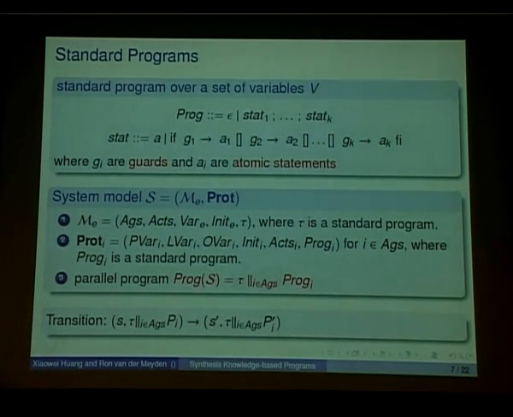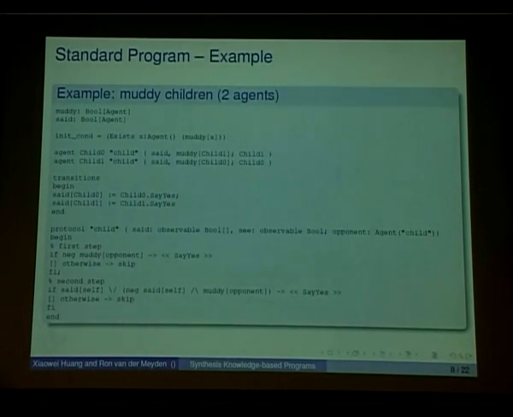Now let's see the example. This is a muddy children example, and assume we have two children. First of all, we need to define two arrays of variables. The first array is a muddy variable, which is used to remember the muddy status of the children.